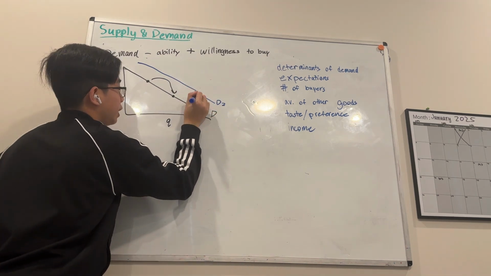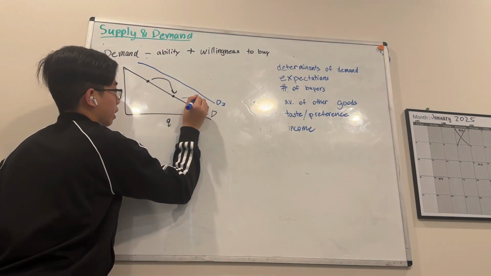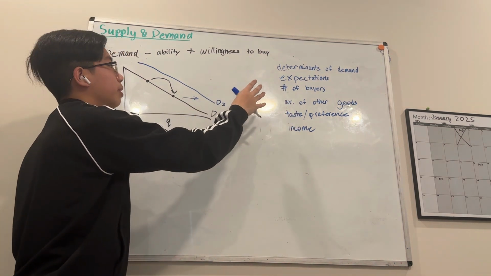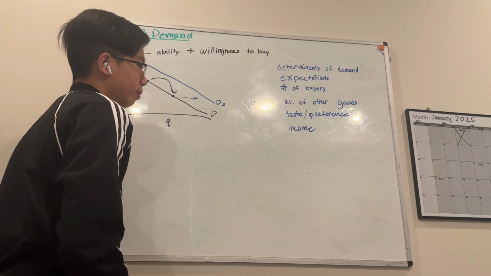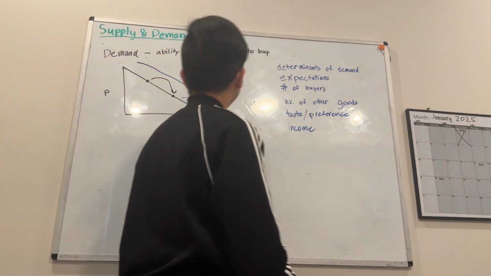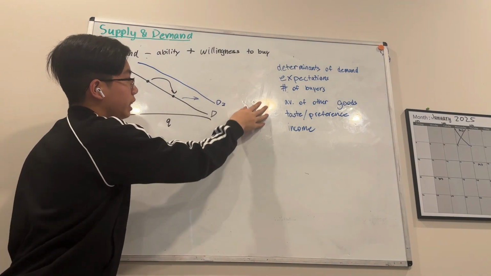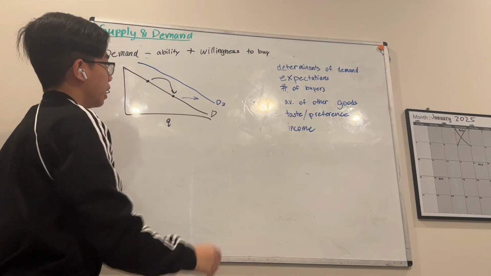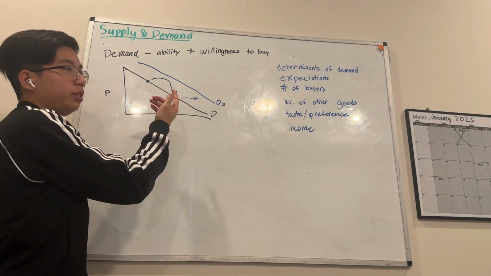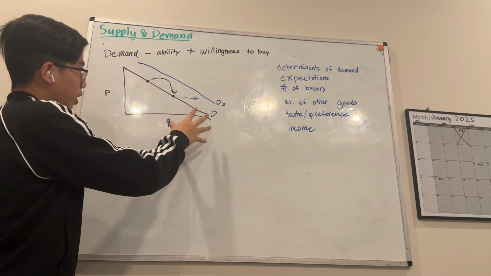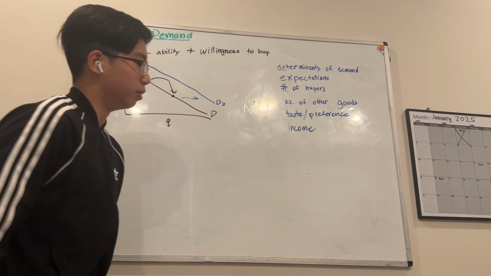This is a shift in demand, and it's caused by one or more of these determinants of demand. And remember, a change in price is a movement along demand, while a change in one of these is a shift in demand. A change in price only changes the quantity demanded, while a shift in demand changes the quantity demanded at any price level.